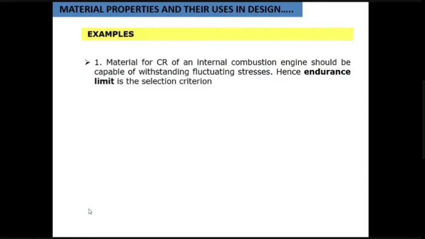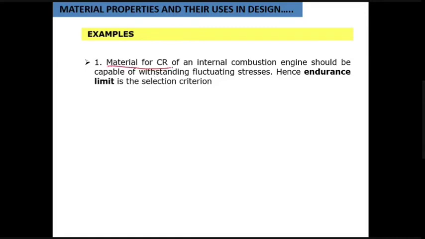Let us take an example. I am not interested in the definition, I am interested in the example. Let us take a connecting rod. Say that as an engineer, you want to select the material for the connecting rod. First of all, you have to understand what type of stresses the connecting rod will withstand.